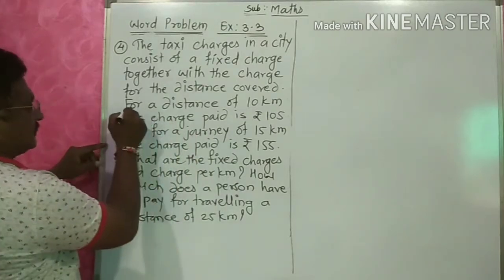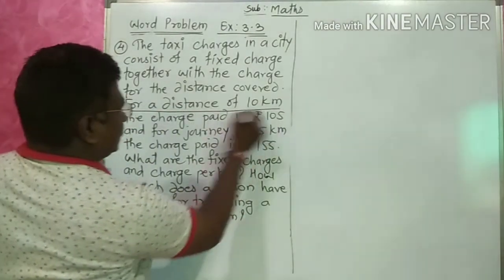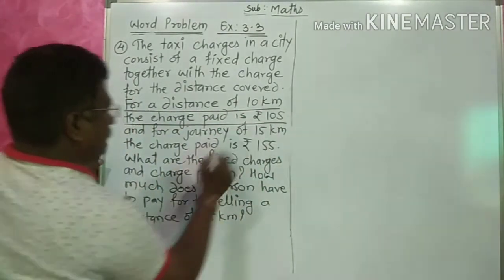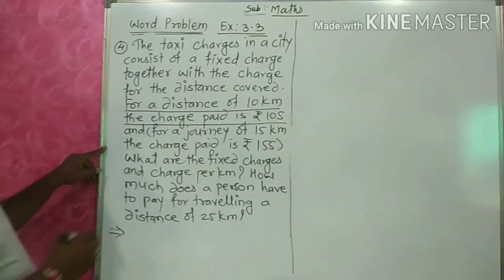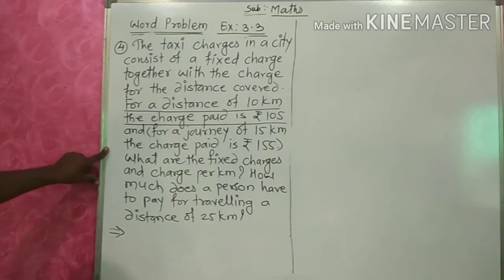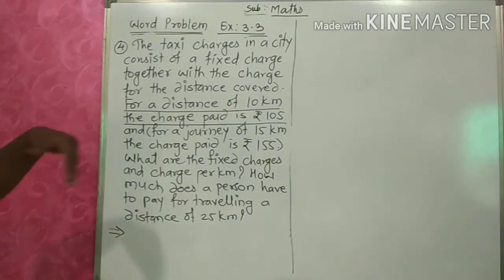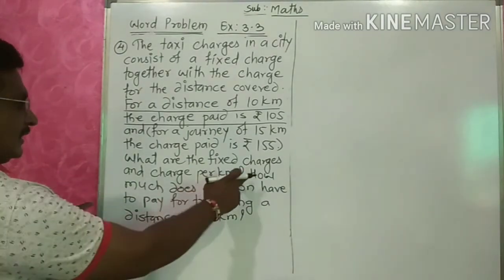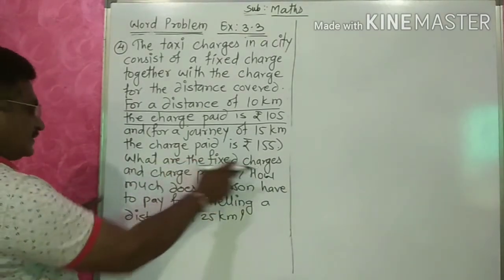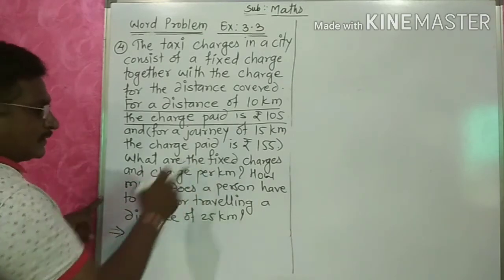These are the conditions. This is the first condition and this one is the second condition. To use these conditions, first we have to assign the x and y variables. What they ask here is: what are the fixed charges and the charge per kilometer.